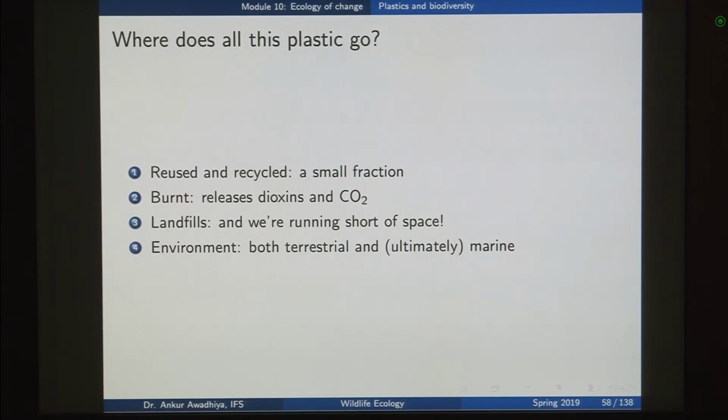So, both terrestrial ecosystems and marine ecosystems are these days getting exposed to these plastics. So, it becomes important to know what is the impact of these plastics on these ecosystems, and even more so in the case of the marine ecosystems, because ultimately these plastics are going to reach the marine ecosystems.